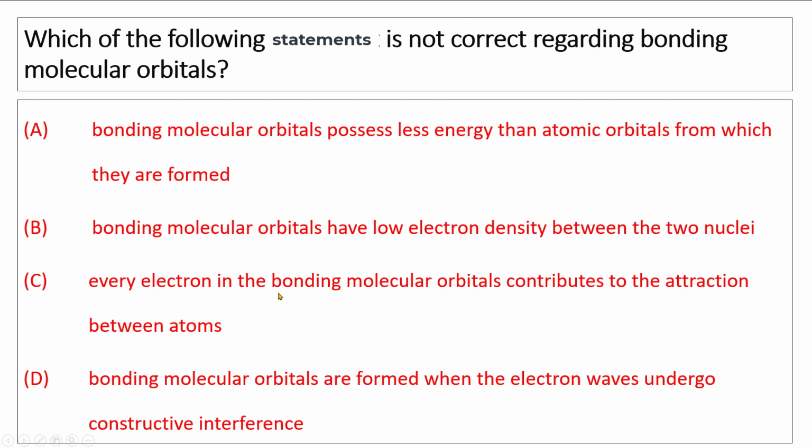Every electron in bonding molecular orbitals contributes to the attraction between atoms. Bonding molecular orbitals are formed when the electron waves undergo constructive interference. Correct option is B. Bonding molecular orbitals have low electron density between the two nuclei.